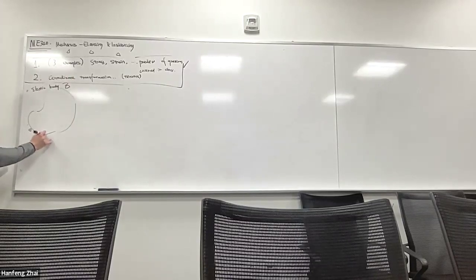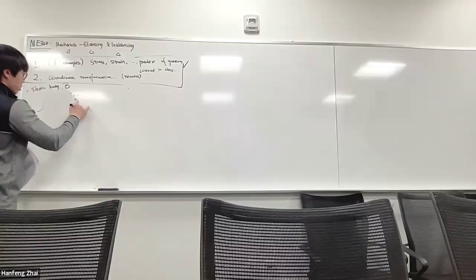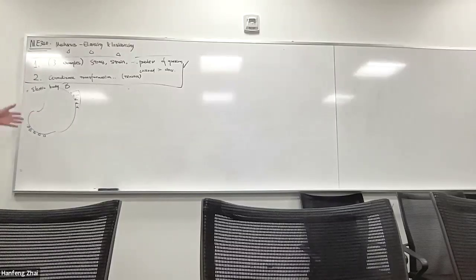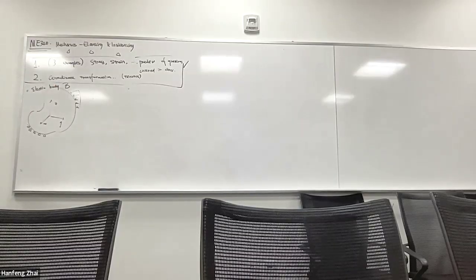For example, you fix some part of the bottom, and you can also apply some mechanical loading. And we assume, as we previously mentioned in the beginning, static equilibrium, and you can establish a coordinate system within the body, X, Y, and Z.